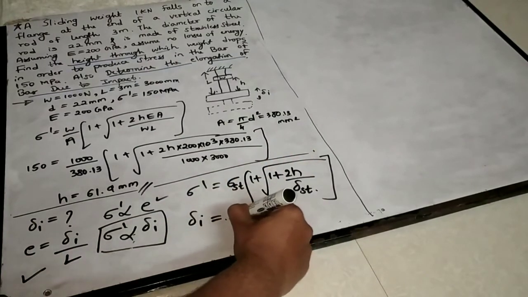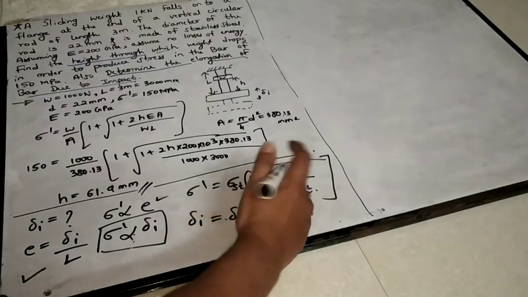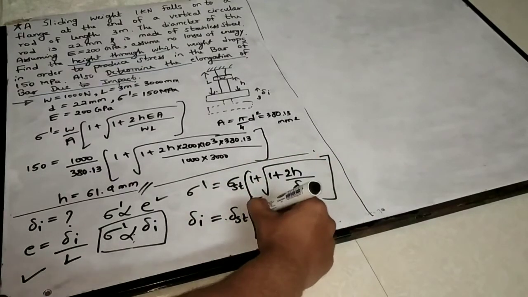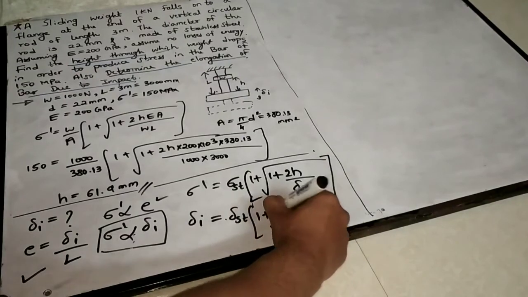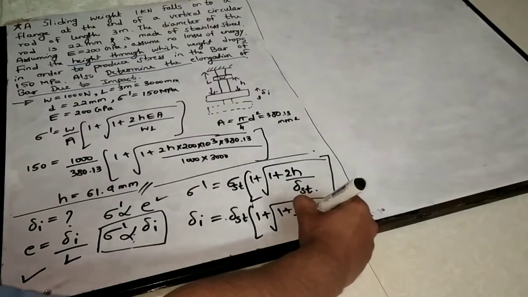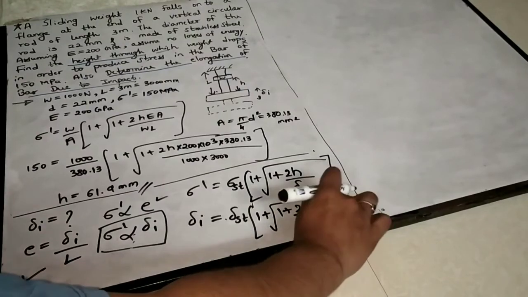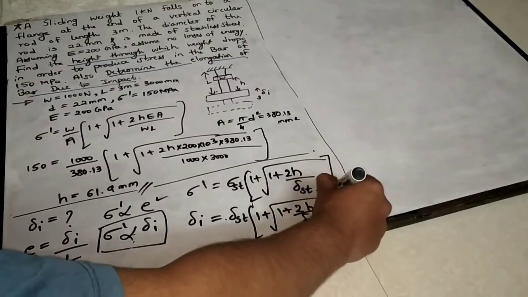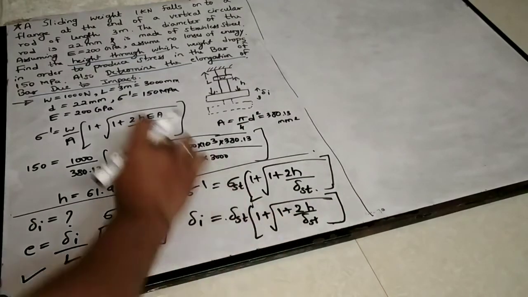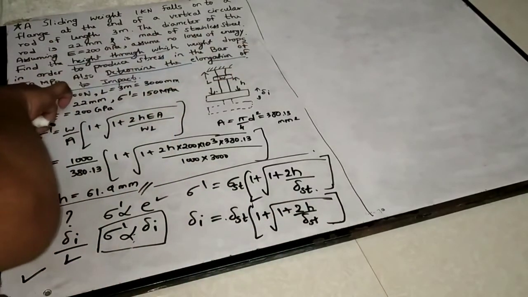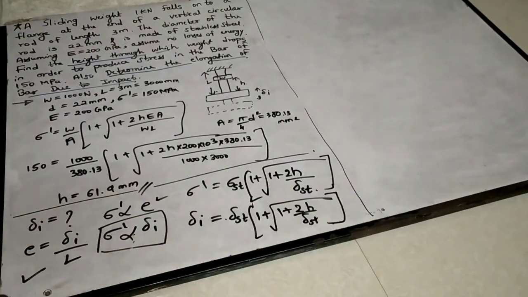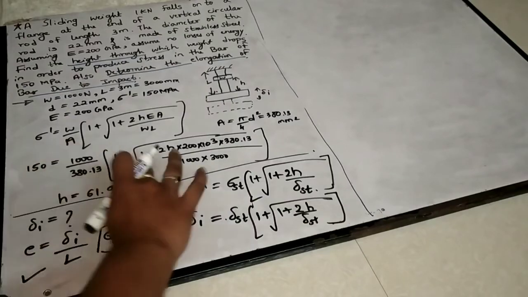So static deflection, this will remain as it is. Okay. This relation you are going to use to find this second term, elongation of the bar due to impact. Okay. I hope it is clear.